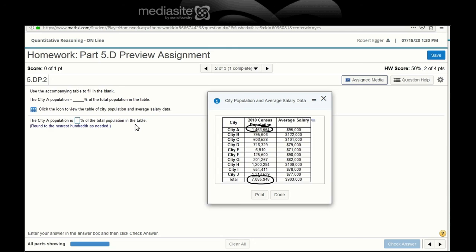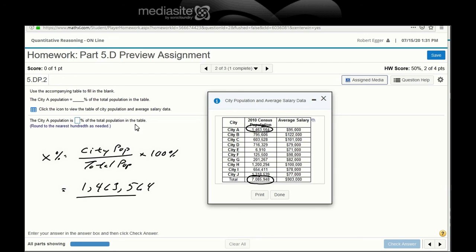We're going to find what percent of the population total. So remember, we found X percent was city population over total population times 100%. So the city is 1,463,564 over 7,085,948 times 100%.